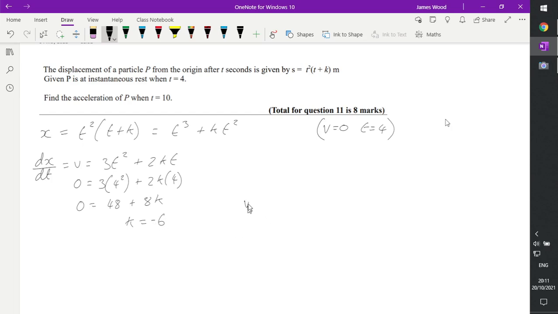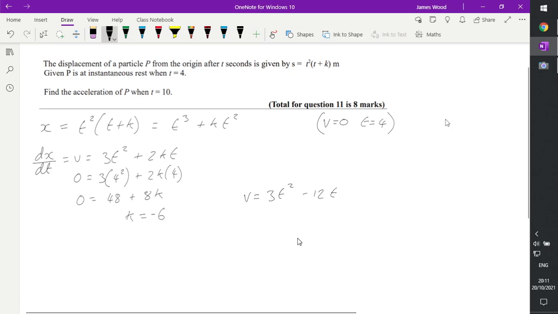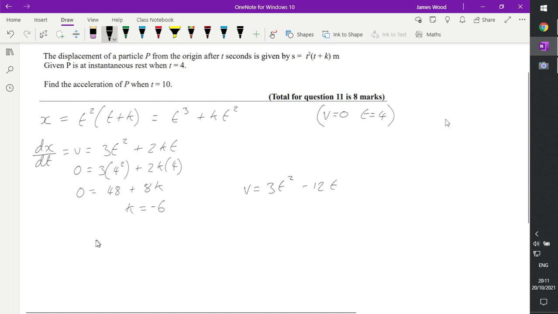Okay, so really I know that my full equation for velocity is 3t squared plus 2kt, so that's going to be minus 12t. That's my equation for velocity, now that I know k. And the last part of the question: find the acceleration when t is 10. Well, the acceleration is dv by dt, the rate of change of velocity.